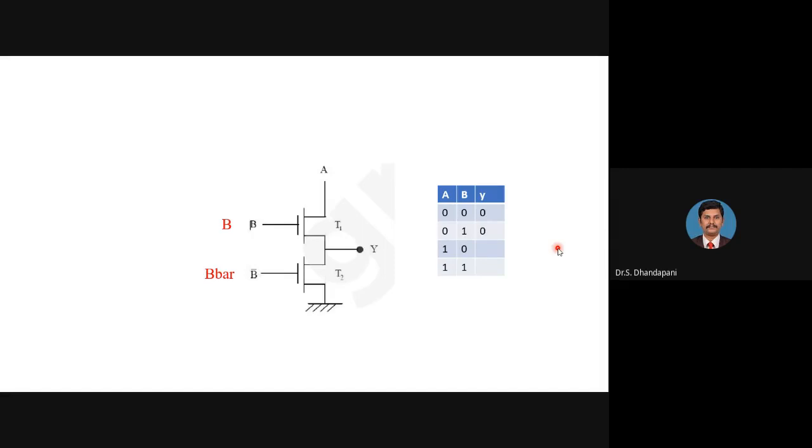For 0, 1 it is again 0. When B is 1 and A is 0, the output is 0. Similarly, 1, 0 is also 0.